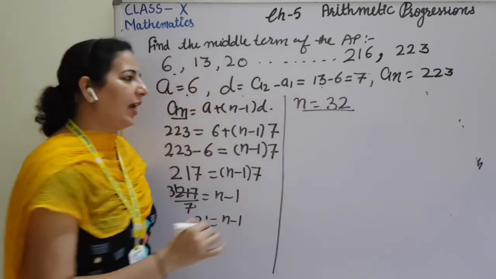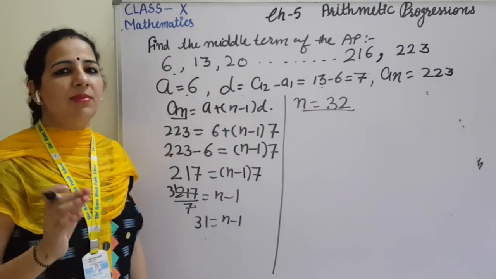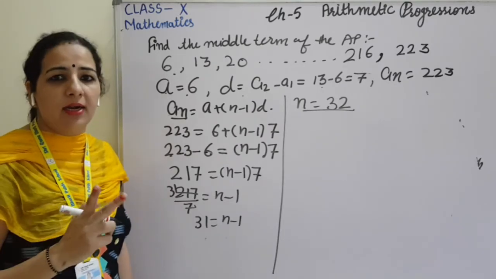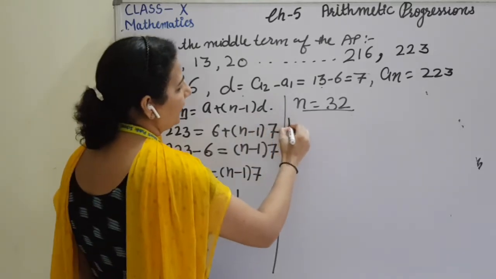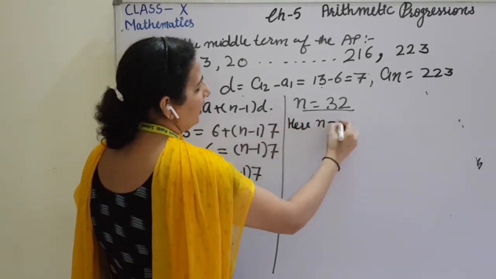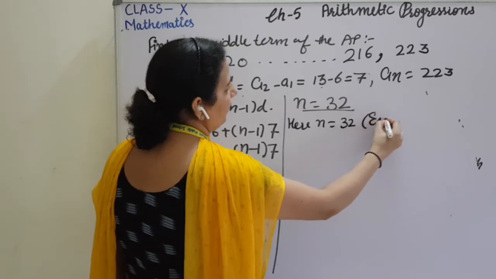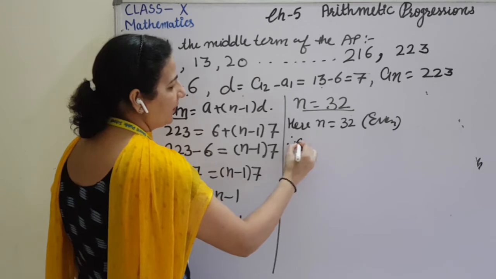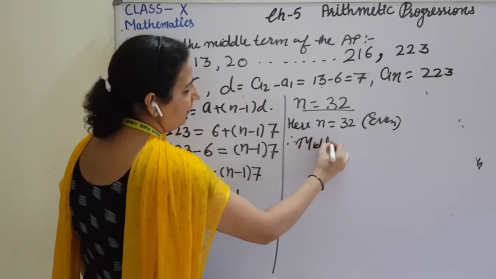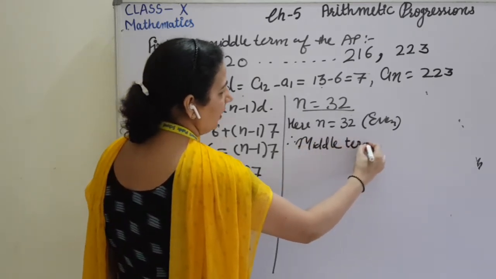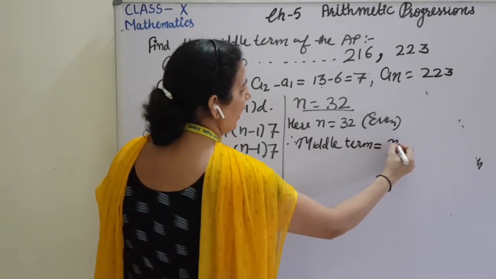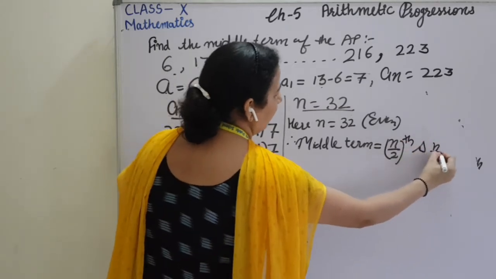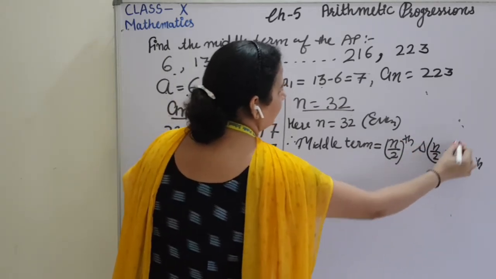So here in the class 32 students are there, meaning they are even in number. When n is even, there will always be two middle terms. How will we calculate? Here n is equal to 32, that is even. So please apply the formula for even. Therefore the middle term will be the n upon 2 th term and the n upon 2 plus 1 th term.